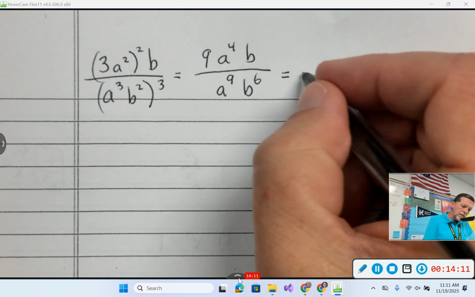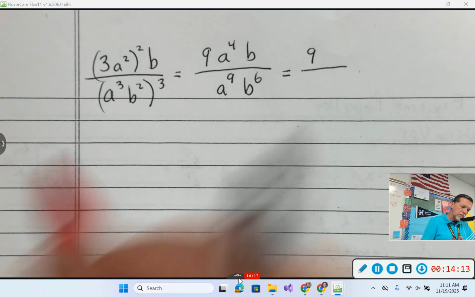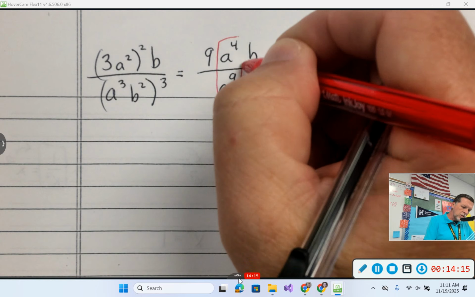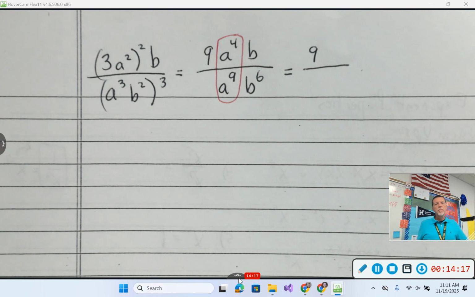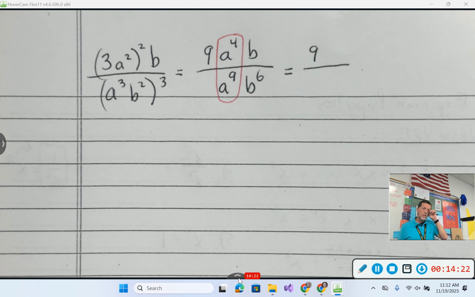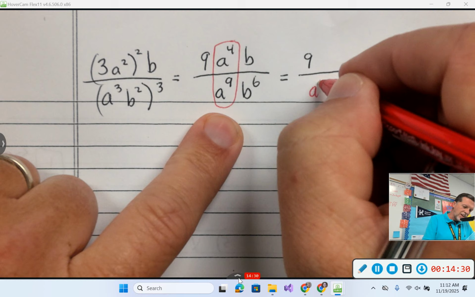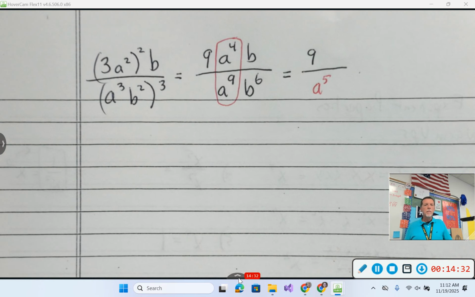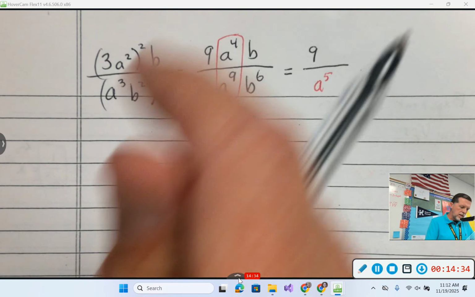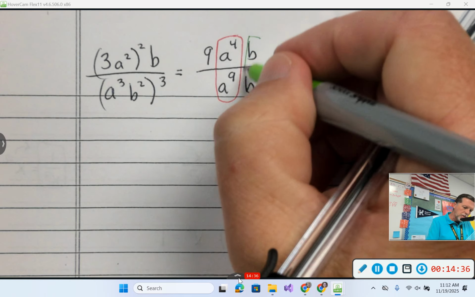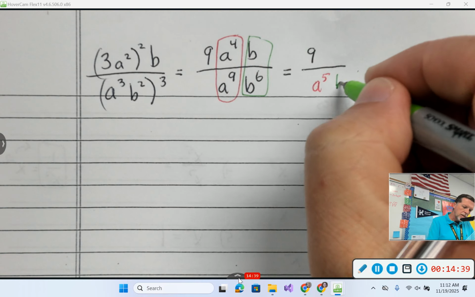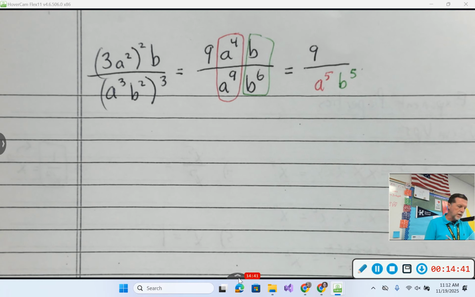So can't do anything with the 9. He's kind of just stuck there. What about the a's? 9 over a to the 5th in the bottom, because there's 4 in the top, 9 in the bottom. 9 minus 4 is 5, so that's a to the 5th. And then the b's, there's 1 in the top and 6 in the bottom. So that means we're left with b to the 5th in the denominator.